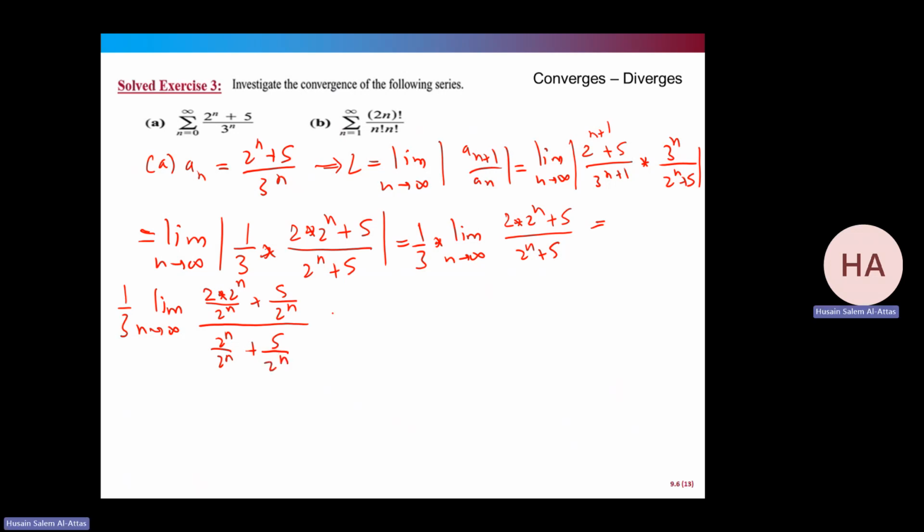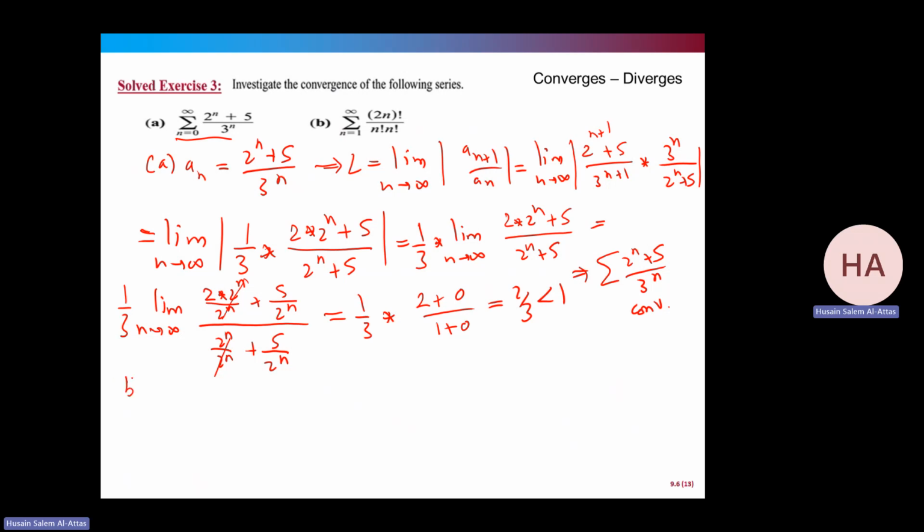This is cancelled, this is cancelled. So you have 2 plus 0 over 1 plus 0. You have 2 over 3, less than 1. That means this series converges. Actually, you can do the limit comparison test with 2 over 3 to the power n, which is a convergent series.